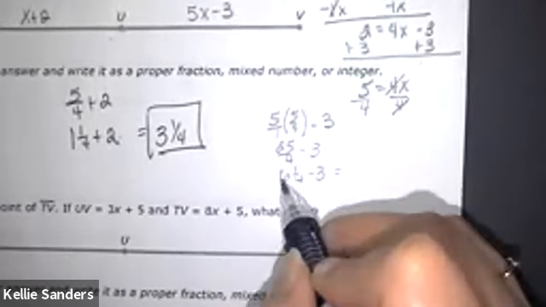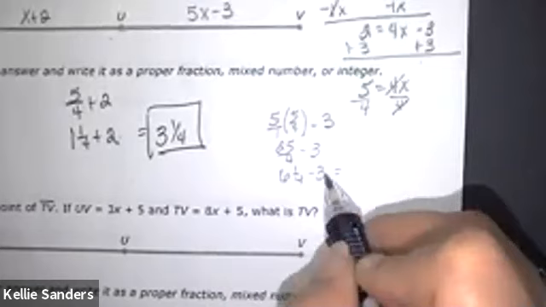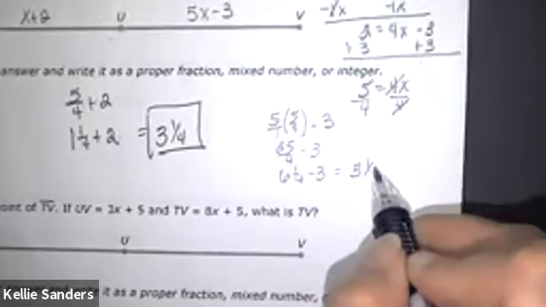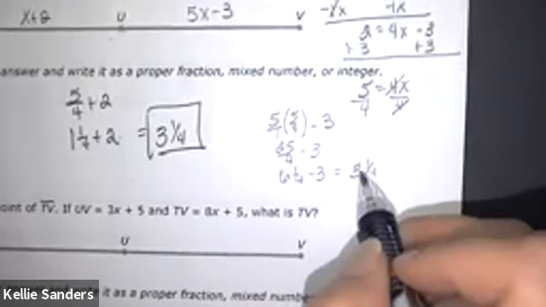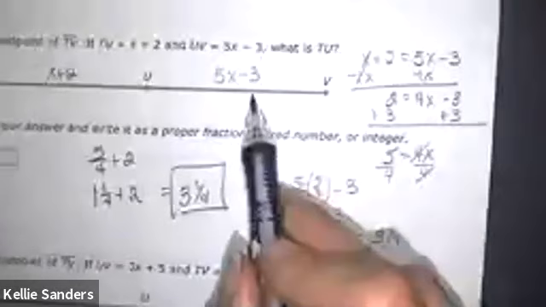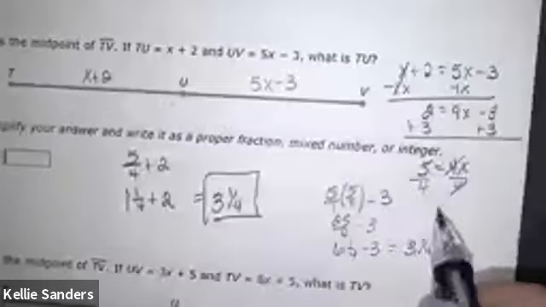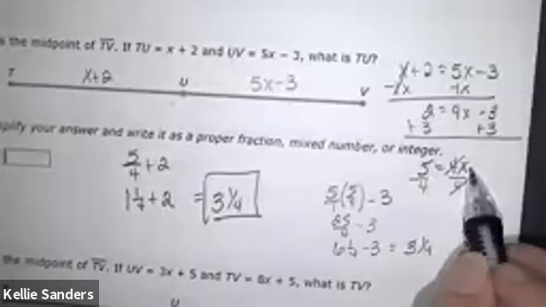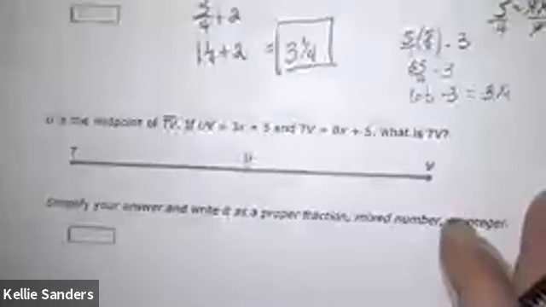Bring down the 3. 6 minus 3 is 3 and 1/4. So I got the same length on this side as I did on this side. So it sounded like 5 over 4 is the correct x, and I did the correct math. So 3 1/4.